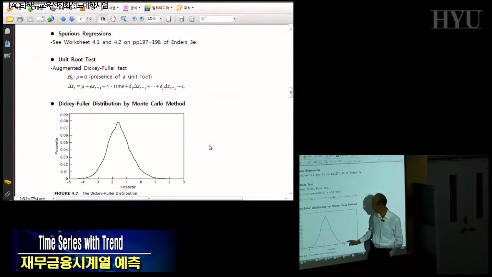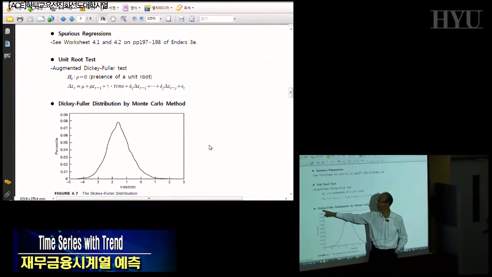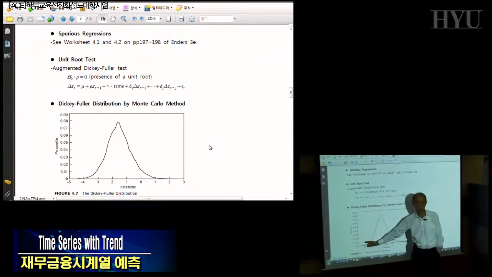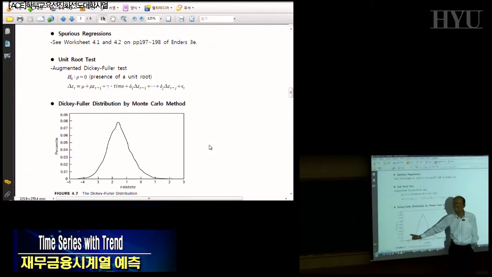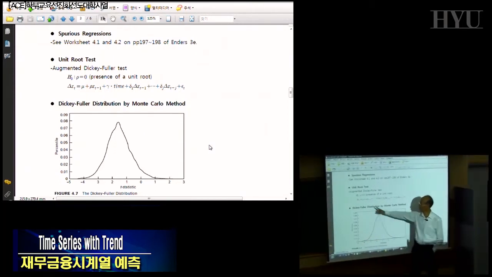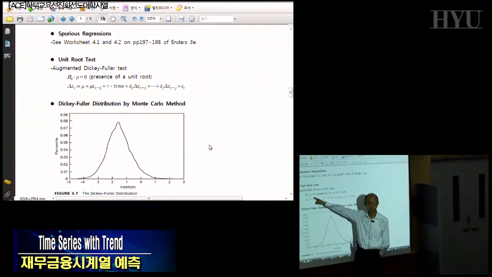So this is a kind of non-standard t distribution calculated from simulation. The first authors, Dickey and Wayne Fuller, are the two statisticians who derived this type of simulated, non-standard distribution under the null hypothesis.